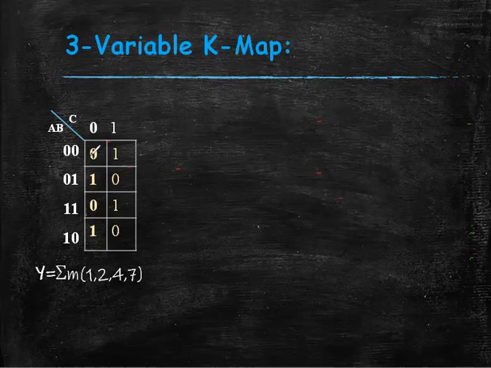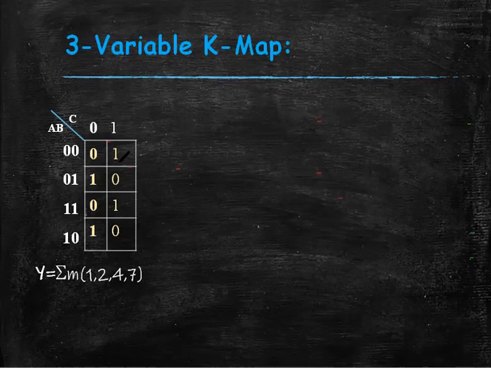We know that the positions are 0, 1, 2, 3, 4, 5, 6, 7. Then look at the position of 1, position of 2, position of 7, and position of 4. Once more, positions are 0, 1, 2, 3, 4, 5, 6, 7.